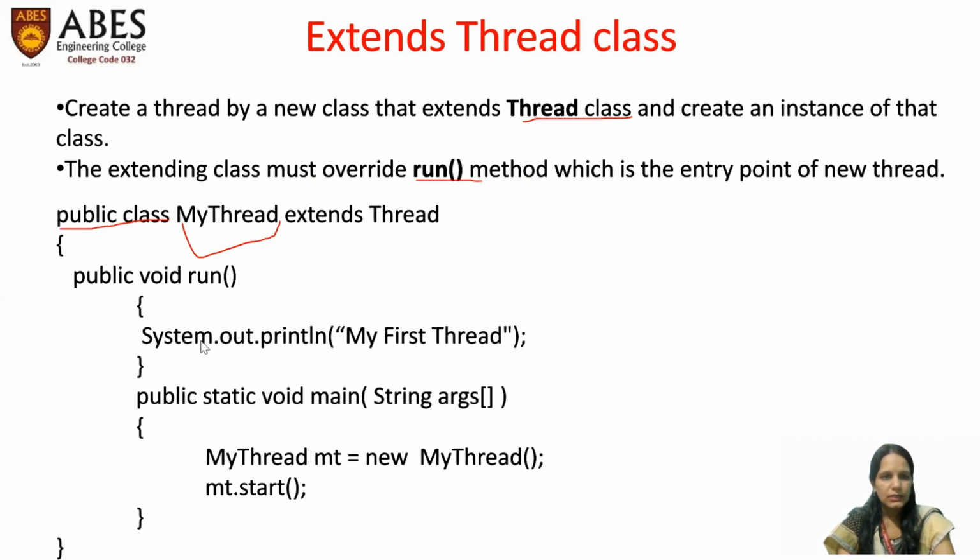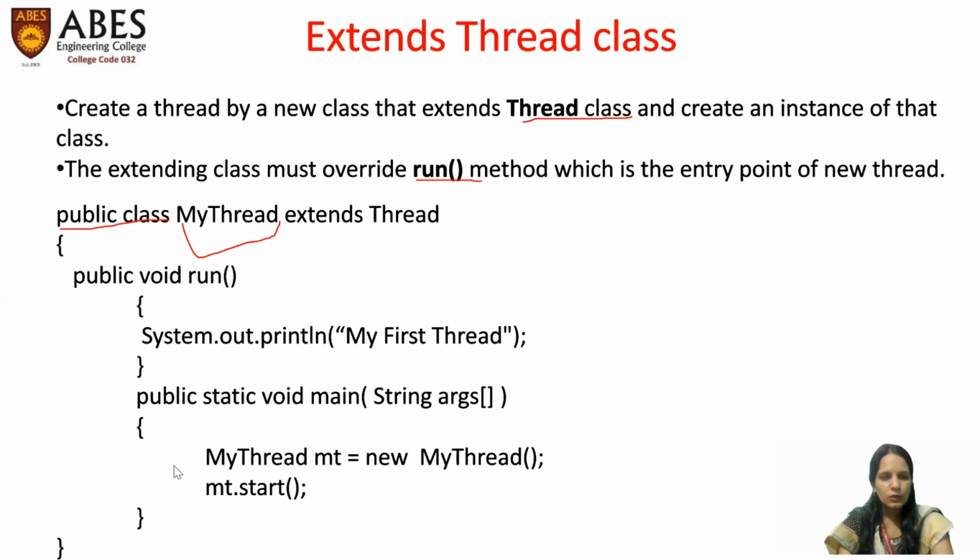In this run method, we are simply printing System.out.println, "my first thread". Through main, this is the second point: after extending, the class must override the run method, which is the entry point of the thread. Now we have created the method and we have to start it, right?